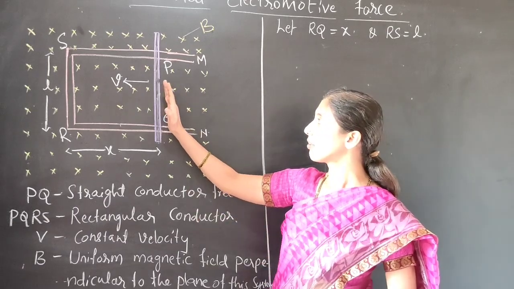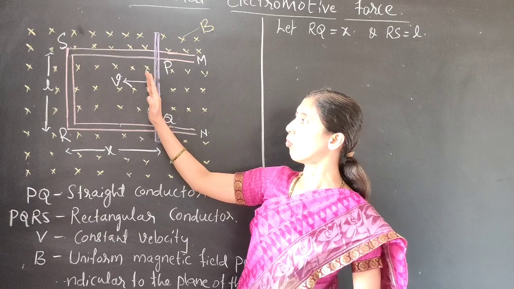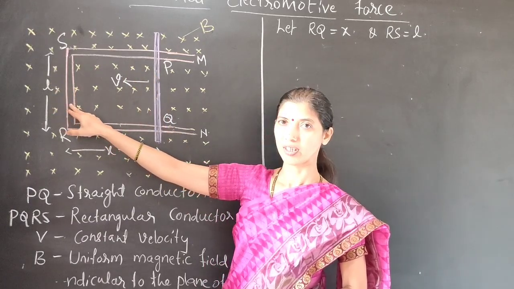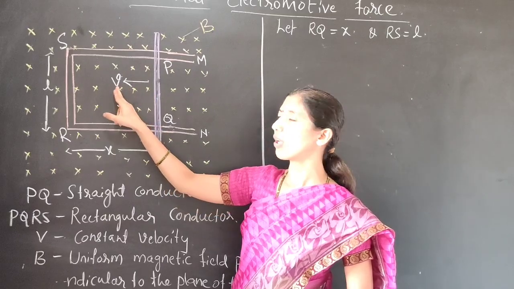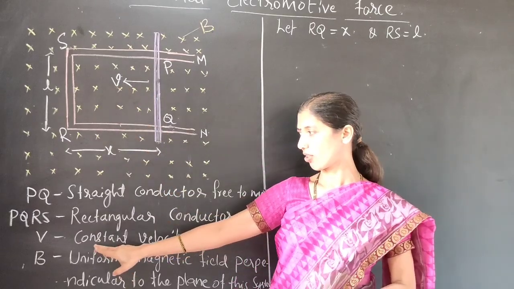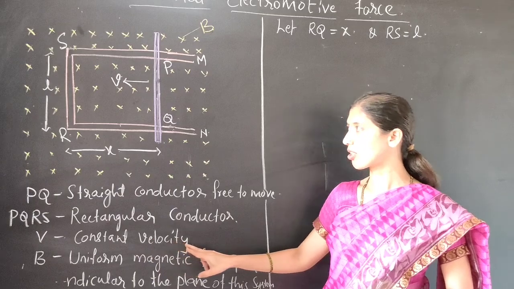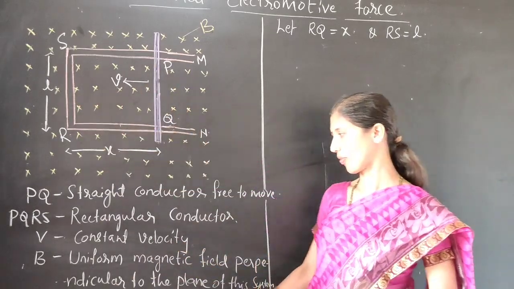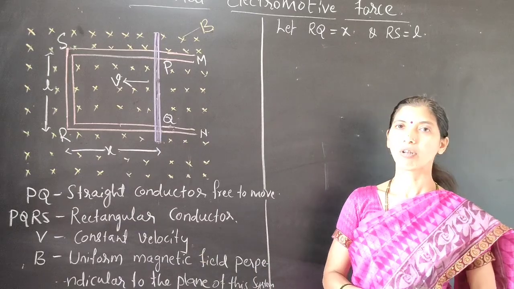Now, when this conductor moves towards the left with velocity v, I have written let v be the constant velocity of this conductor when it moves. So what you have to write here?